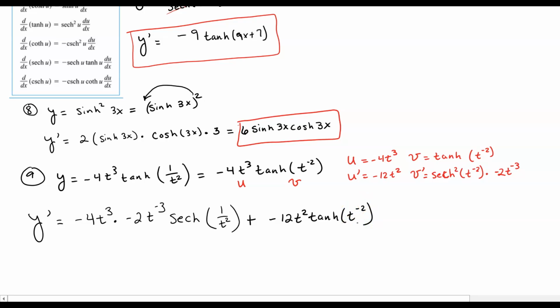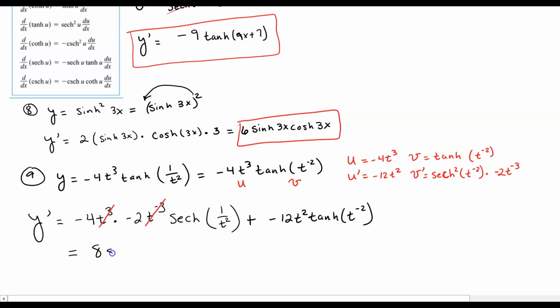All right, now that I'm doing this, I'm going to try to see if I can combine any like terms to this multiplication that I went ahead and obtained. The negative 4 times the negative 2, of course, is going to give me positive 8. But the t cubed and then the t to the minus 3, you add the exponents. So what ends up happening is we end up getting rid of this because you end up with t to the 0 power.